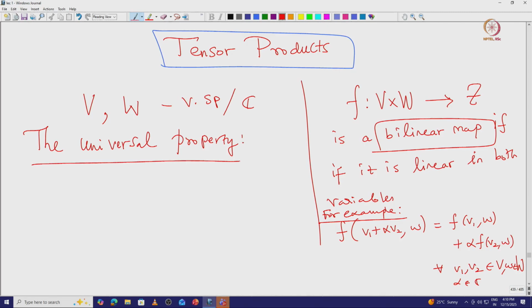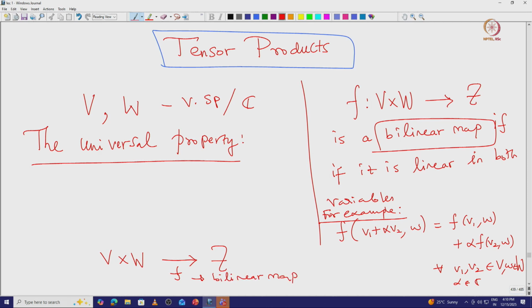The universal property of the tensor product is given as follows. Let us say I have a bilinear map F from V cross W to Z.